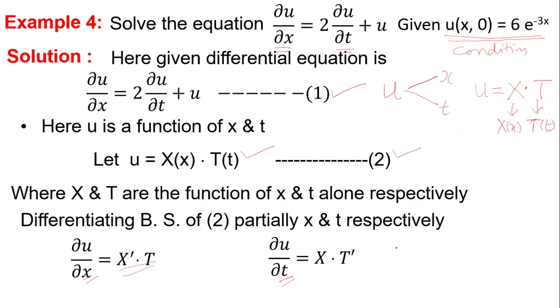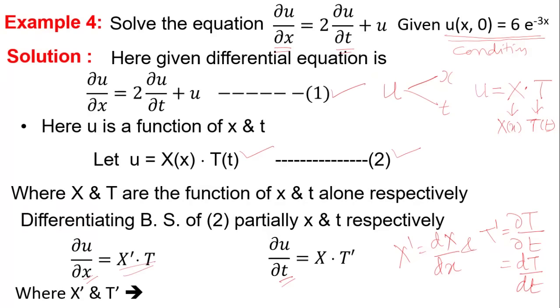Where X dash is equal to dX by dx or del X by del x, and T dash is equal to dT by dt or del T by del t. So we have X dash and T dash as we discussed here.